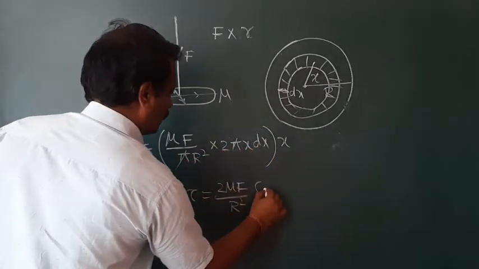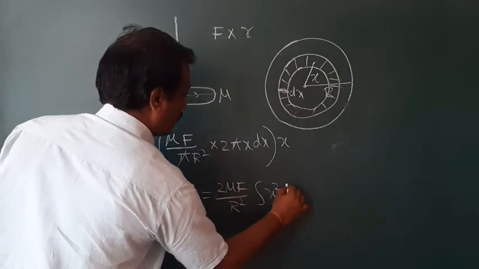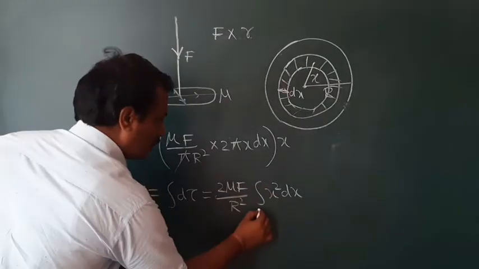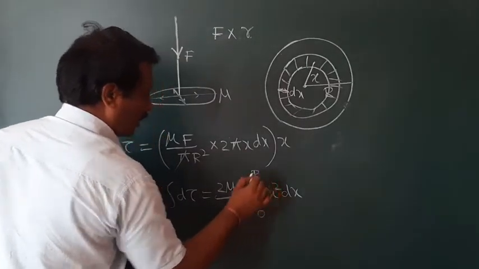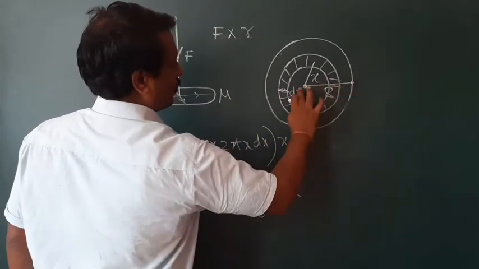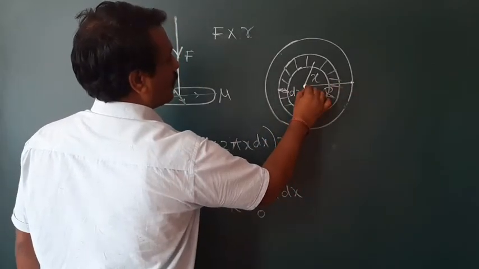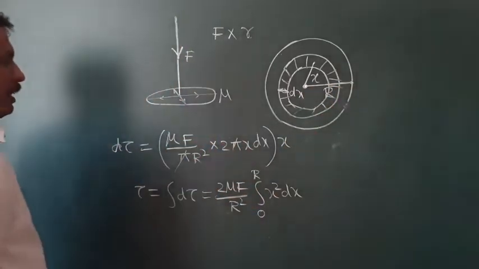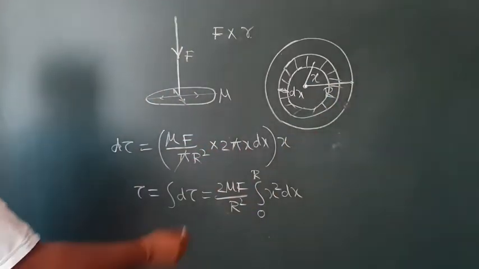Then under integration we get x square dx. And we have to integrate it from 0 to r. Because here x value changes from 0 to, if you take the entire mop, then the x value will be 0 to r. Therefore we integrate it from 0 to r.